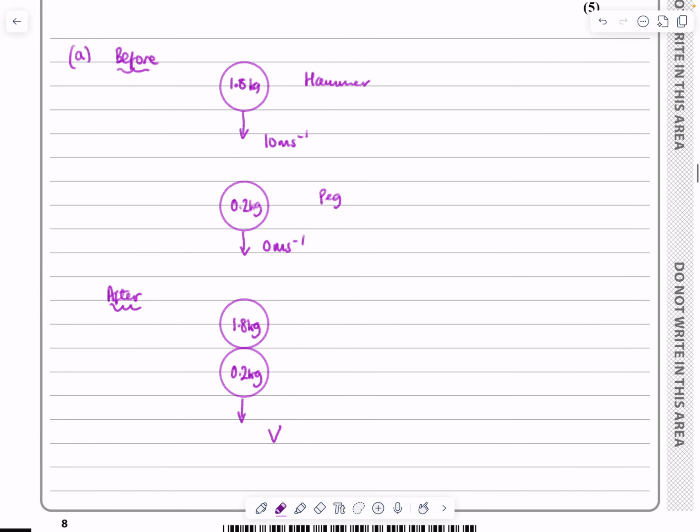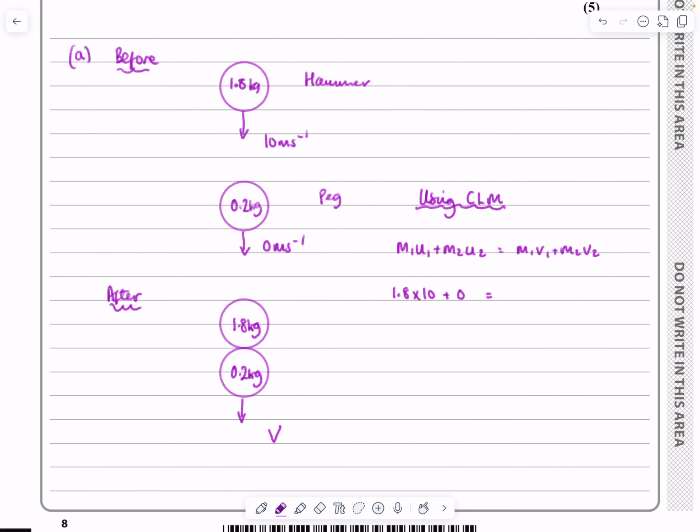If we're going to work out what v is, we use the conservation of linear momentum, which is m1u1 plus m2u2, the initial momentum, equal to m1v1 plus m2v2, the final momentum. So for the first one, we've got 1.8 multiplied by 10 plus 0, because the peg isn't moving.